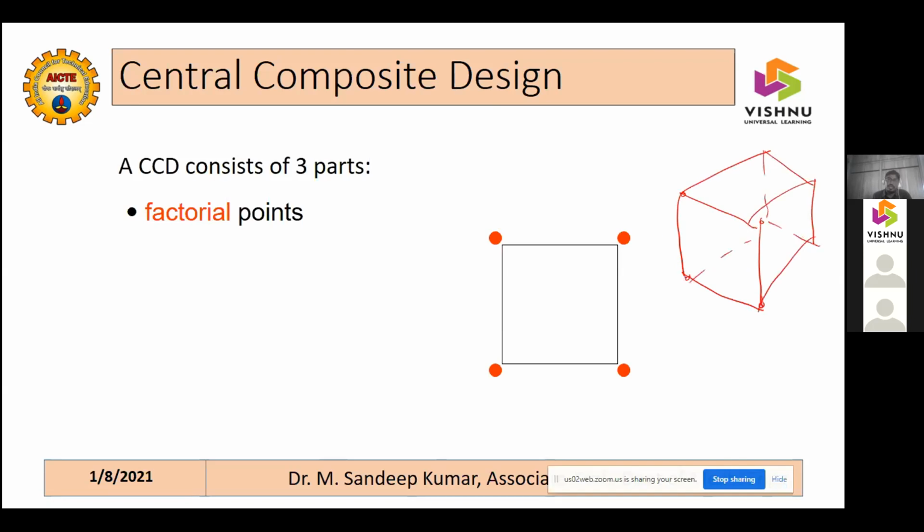As in the previous sessions, this will be my X1 factor with level low and level high, this is my X2 factor with level low and level high, and this will be my X3 factor with level low and level high. This will be my search domain. That is 3D, but I am doing it in 2D.